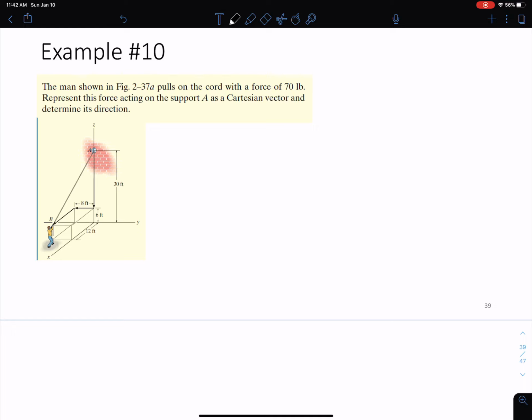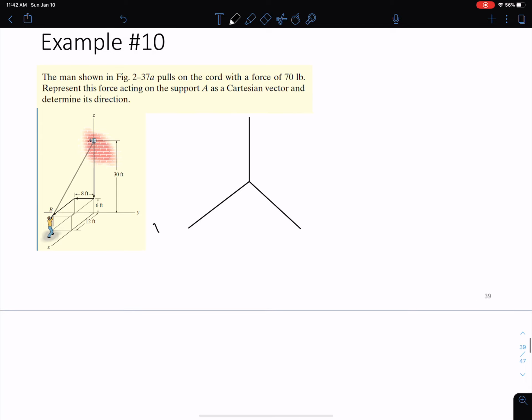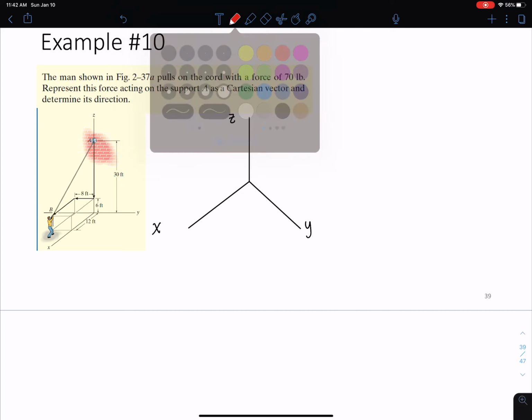So you can think of him as F, just a little force F. We want to represent this force acting on the support A as a Cartesian vector and determine its direction. Okay, so I'm actually going to redraw this here. Kind of simplify it from all of the extra fluff that they're showing us.